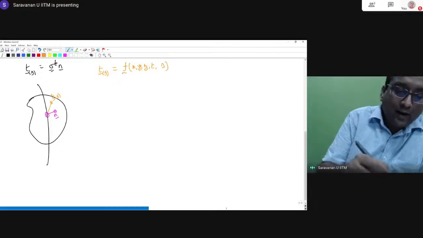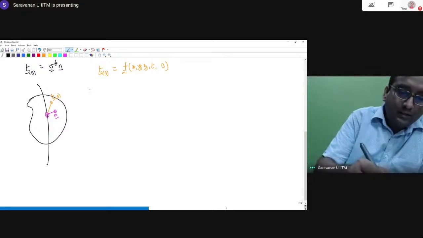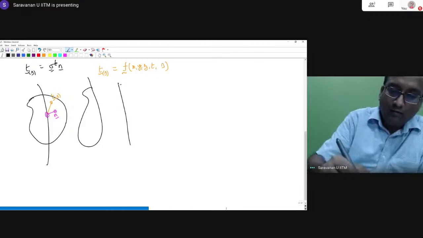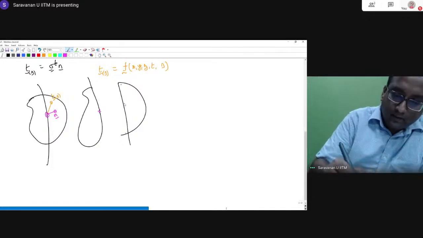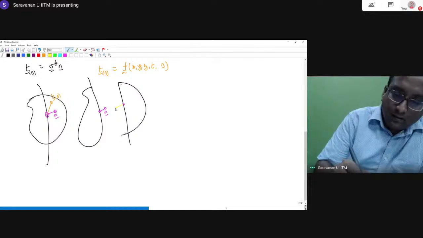It comes from the fact that if I look at the two halves of this cut body, this half and this half, at the same point, this is n, and on the other surface it will be minus n.